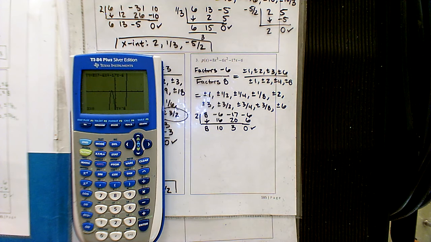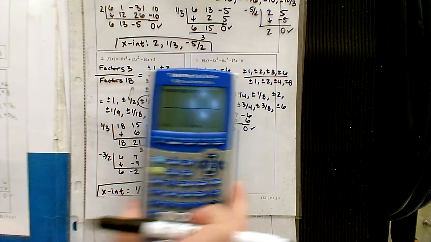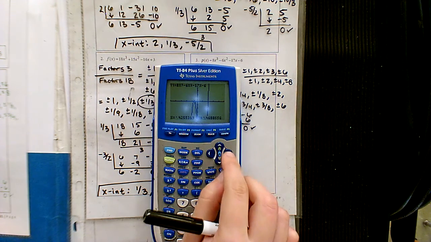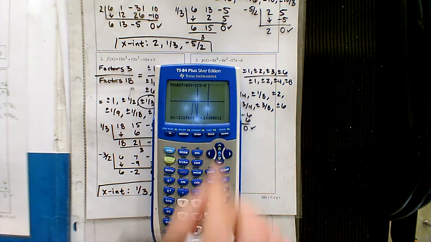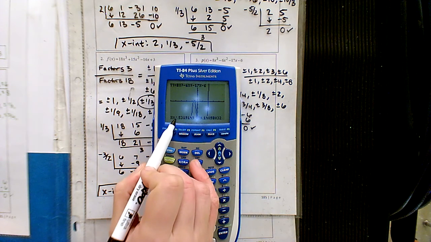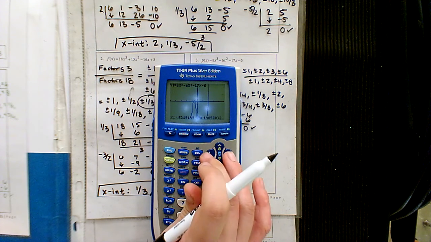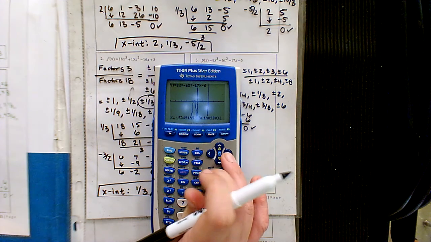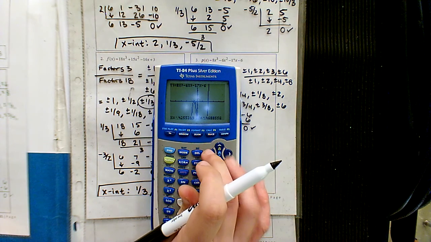I got a remainder of 0. Looks good. All right, let's check out these other 2 that are really close together on the left-hand side. So my first one, really close to negative 0.42, negative 0.53.